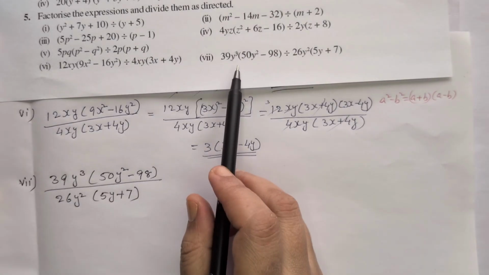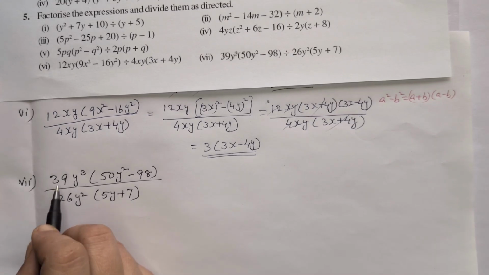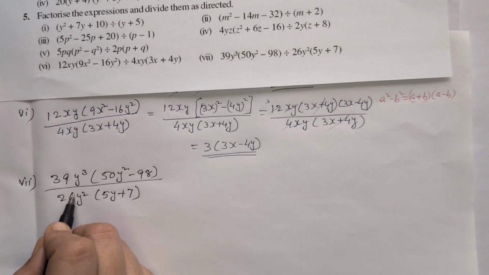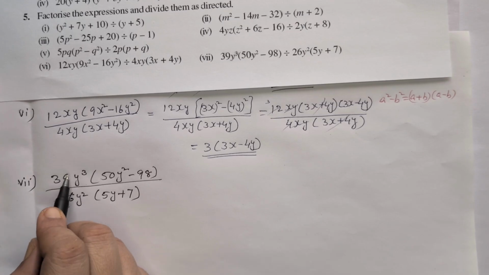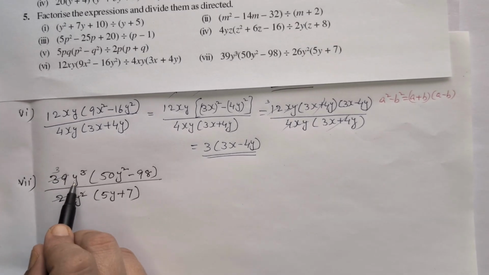Now the seventh one: 39y cube into 50y square minus 98, divided by 5y plus 7. Here itself we can divide by 13. Here 2 times 13 and 3 times y square and y cube, then y is remaining.